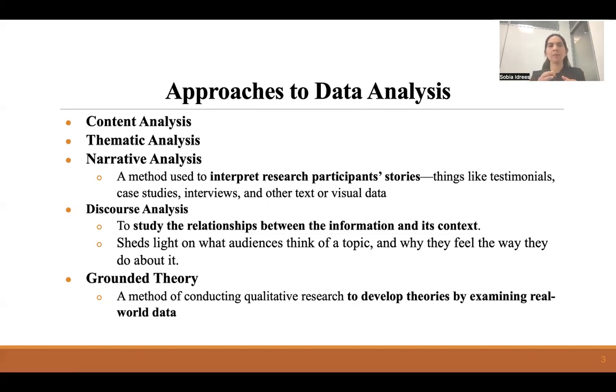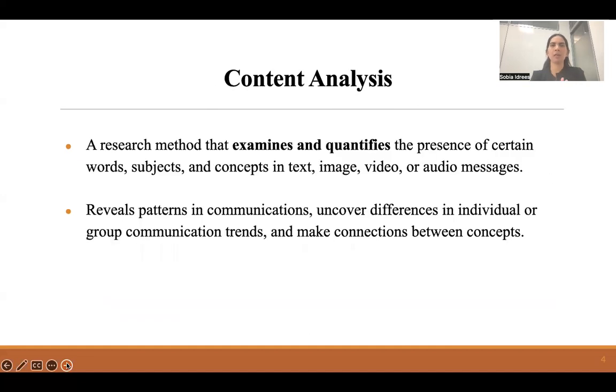The purpose of using grounded theory analysis is to develop theories by examining real world data, based on the participants' experiences or perspectives or whatever they have shared. If the purpose is to develop a theory from that data, it is called grounded theory analysis. These were some of the approaches that we use for qualitative data analysis.